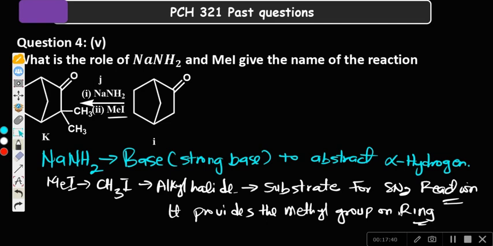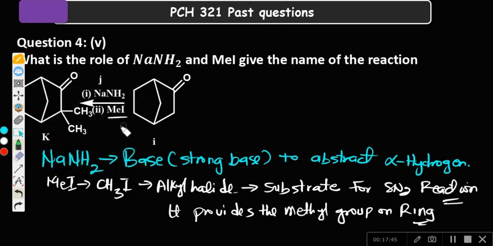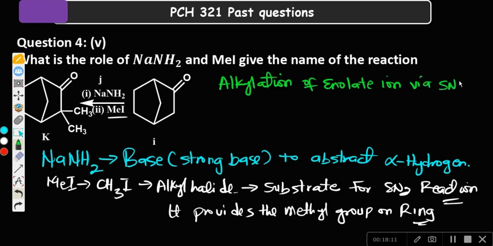Now they say give the name of the reaction. Now I can have different names to give this reaction. There's no specific name for it. But if I want to give the name of the reaction, I would say this is alkylation of enolate ion via SN2 reaction.